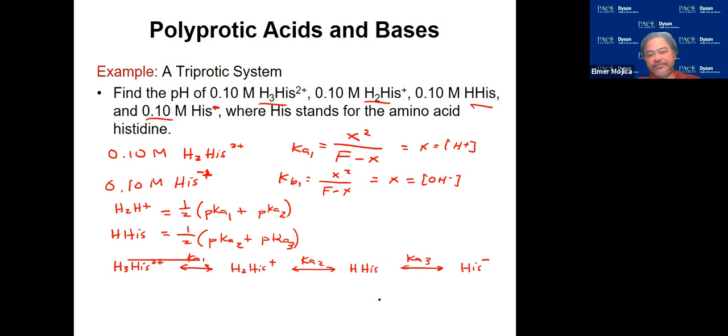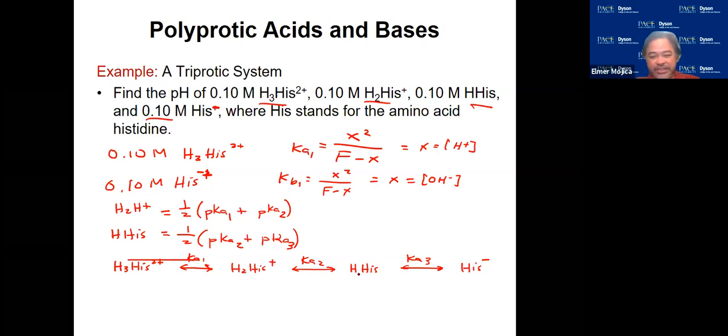Okay. So as I've told you, at Ka1, you have the same concentration of this and this one. Ka2, the same concentration of this and this one. Ka3, the same concentration of this and this one. So if you're looking for the pH for this one, it's the average of Ka1 and Ka2.